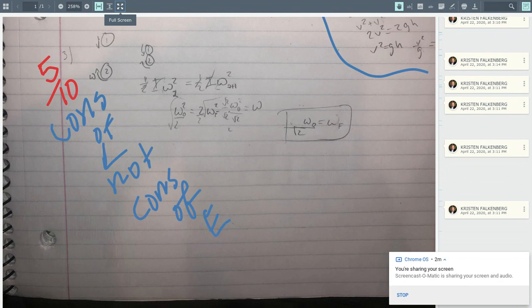But this is a scenario where you've got two objects, an initial rotating object, and then you add a second object. Well, that is a momentum issue. Momentum can involve two objects. Conservation of energy is still maintaining one object, okay?